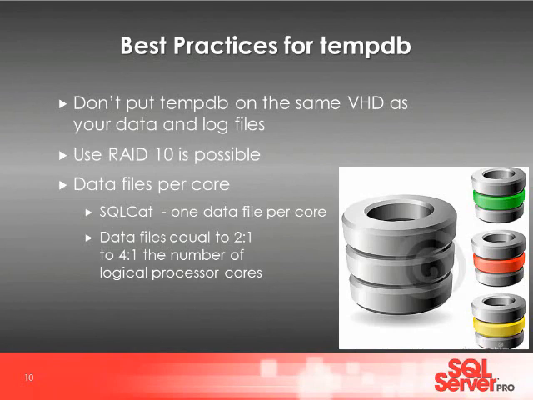Typically that's for a very heavy enterprise workload, and you can typically cut this down by quite a bit, but a typical recommendation would be 2 data files for every 4 cores, or perhaps 1 for every 4 cores. So that's probably a more reasonable practice for most implementations.